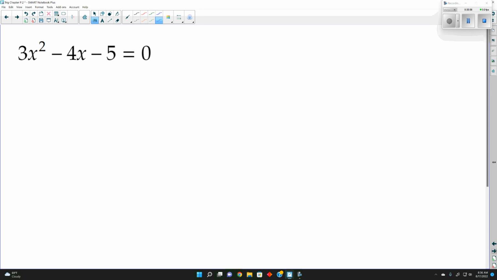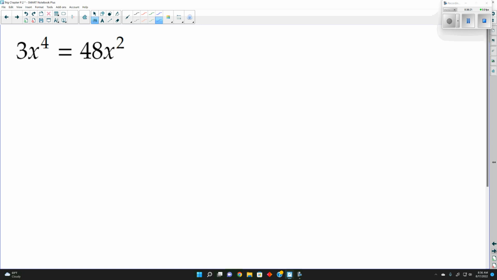Okay. If we feel comfortable with completing the square, we can move on to this one here. This one here will be the last problem we work today, and then obviously we'll have to finish these tomorrow.